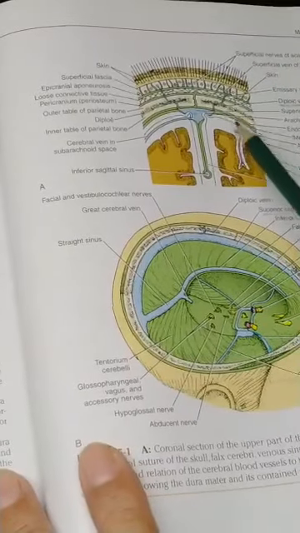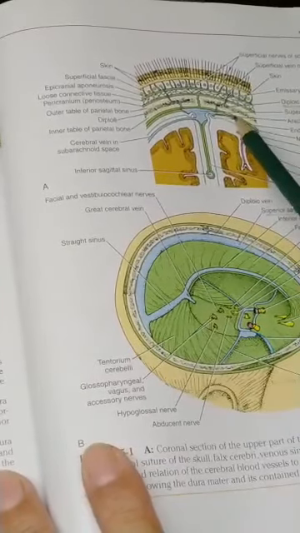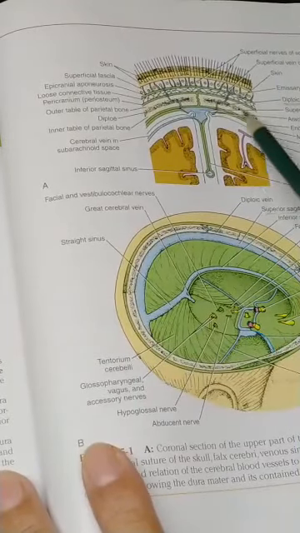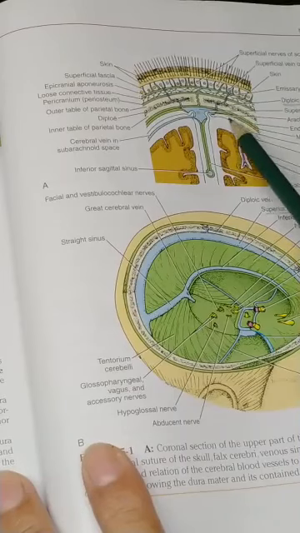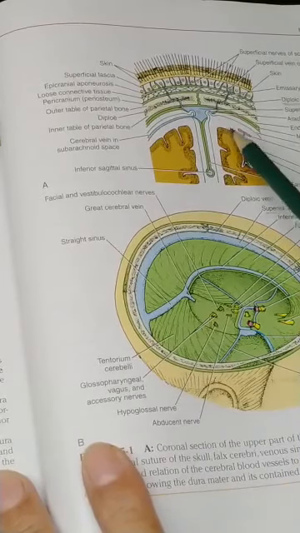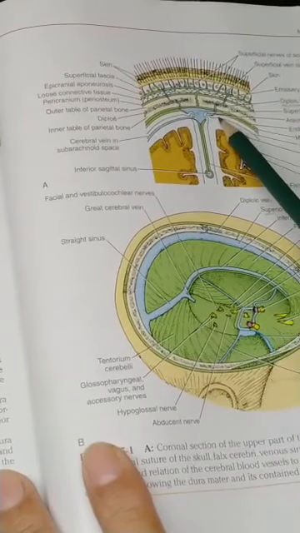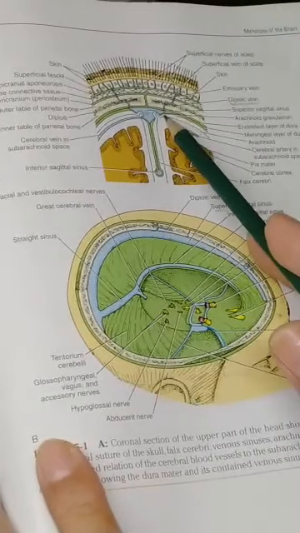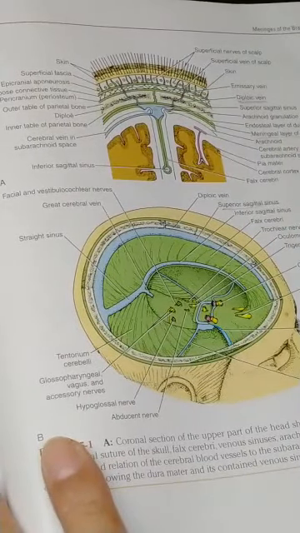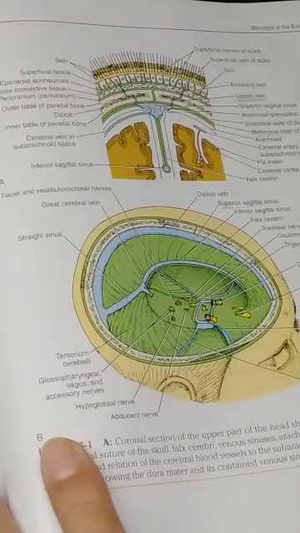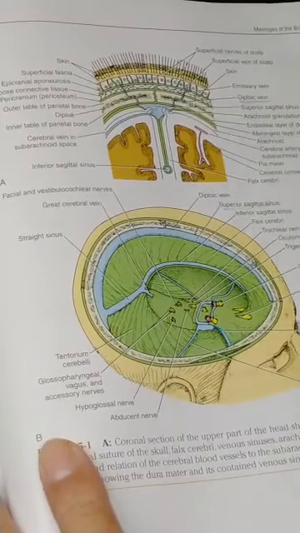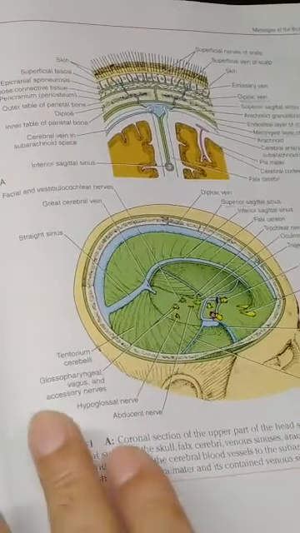Now, this pericranium will stay only in the skull. What part of the Dura Mater will go below to cover the spinal cord? It is the meningeal layer. The meningeal layer of the Dura Mater will proceed downward through the foramen magnum to cover the spinal cord also.